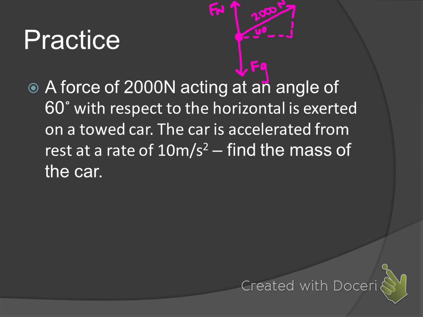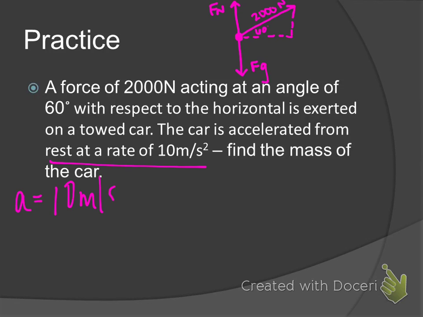Okay, so let's take a look at what our overall goal is here. It doesn't mention anything about friction. Okay? And it's not moving at constant velocity. So if it doesn't say anything about friction, we don't worry about it. Okay? So here, it says it's accelerating at a rate of 10 meters per second squared. Do you think that's probably vertical acceleration or horizontal acceleration?